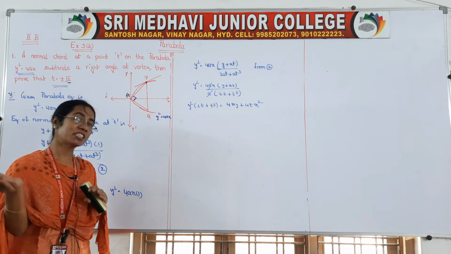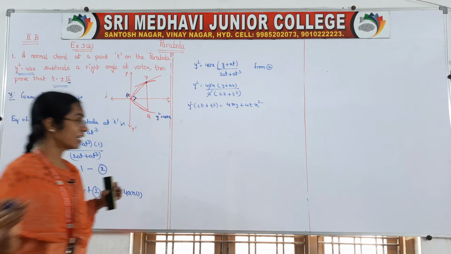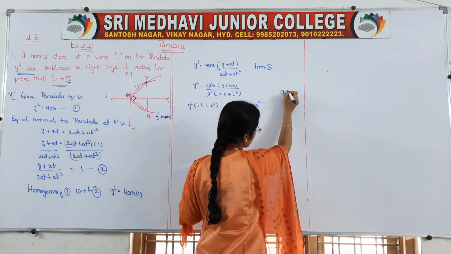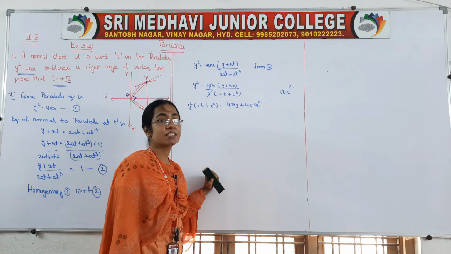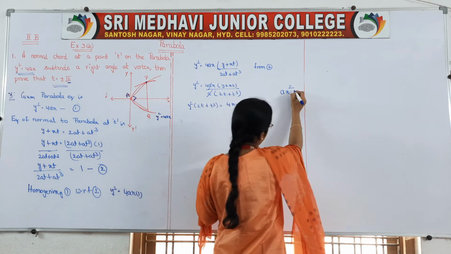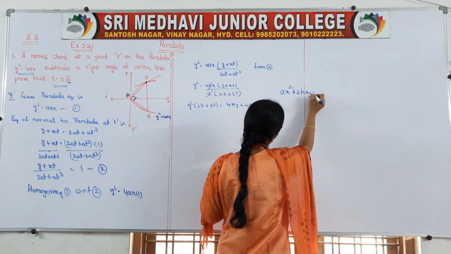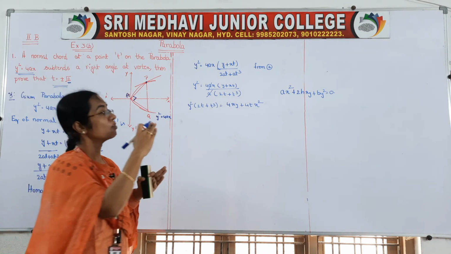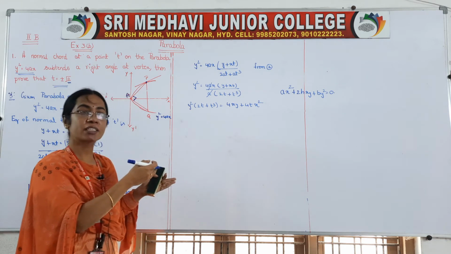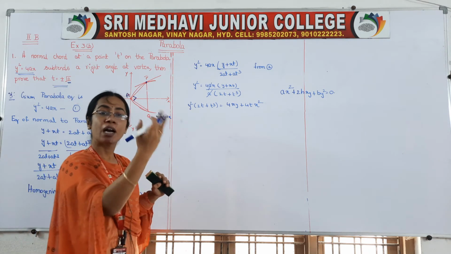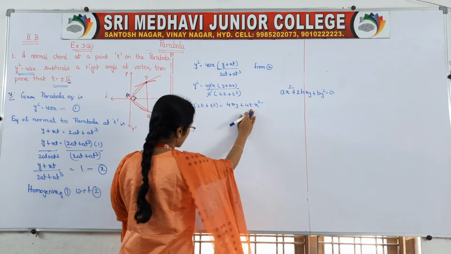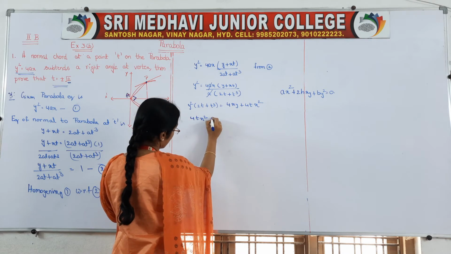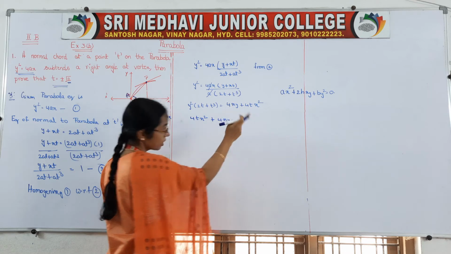What did I say? After the homogenization, we'll get the combined equation. So try to write the combined equation. Do you remember from your first year, pair of straight lines: the combined equation of OA and OB is ax square plus 2hxy plus by square is equal to 0. Here also it should be like that, that means x square term, xy term and y square term. So the x square term is this one. First you write the x square term, then the xy term 4xy, then the y square term.